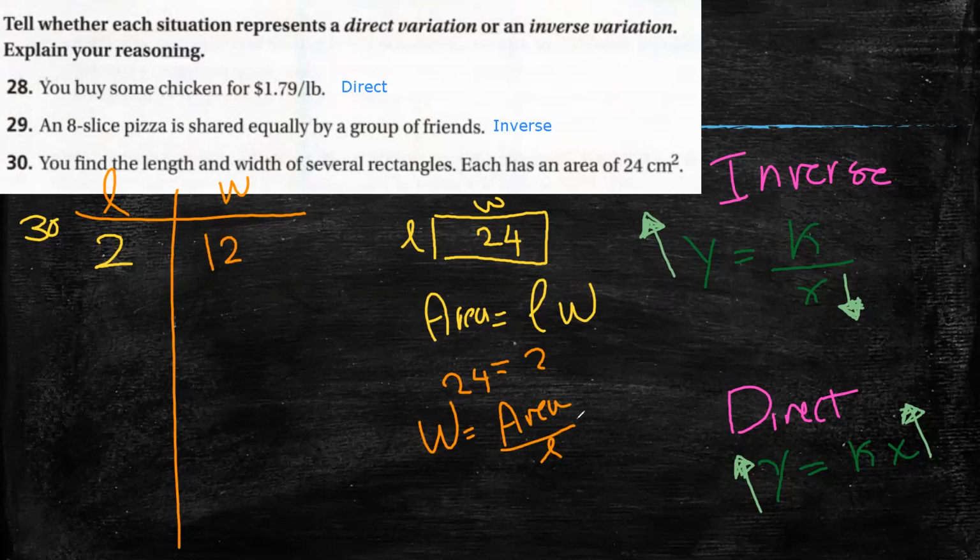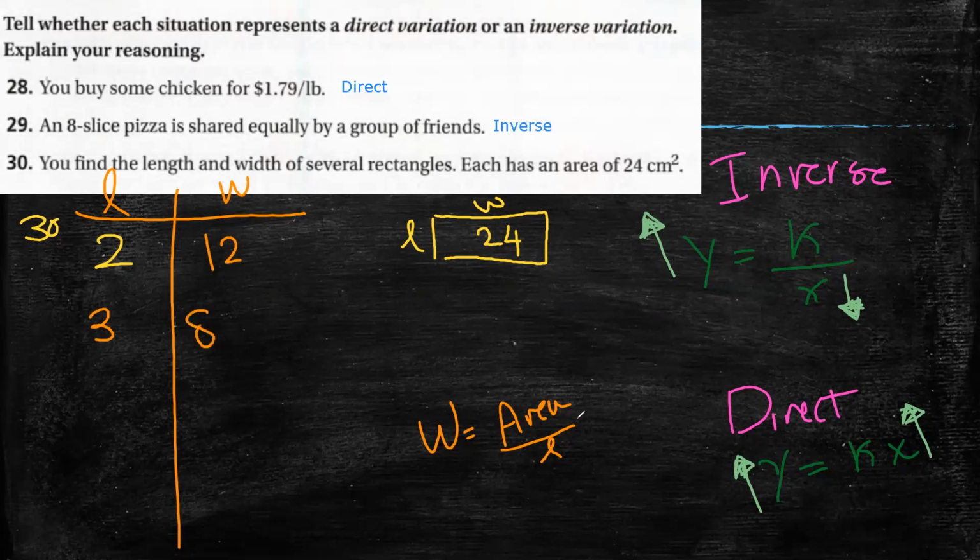If the length is 3, what will the width be? 4. Use this equation here: the width will be the area over the length. So 24 over 3 is 8. Bravo.